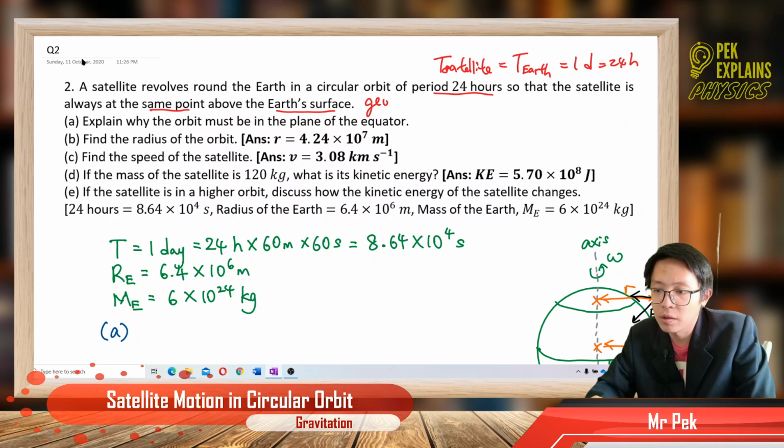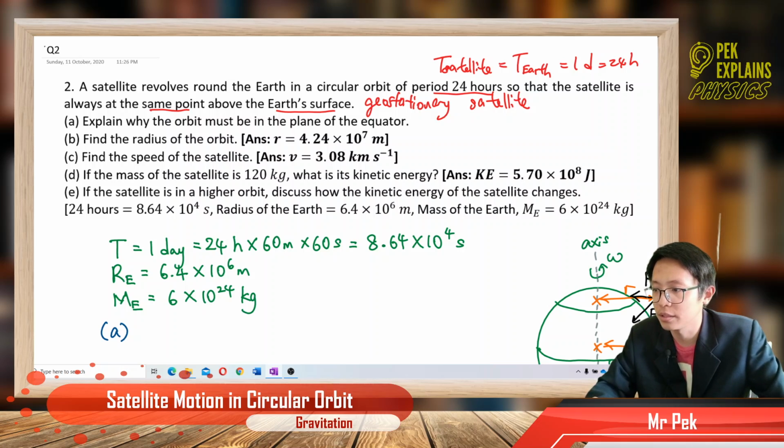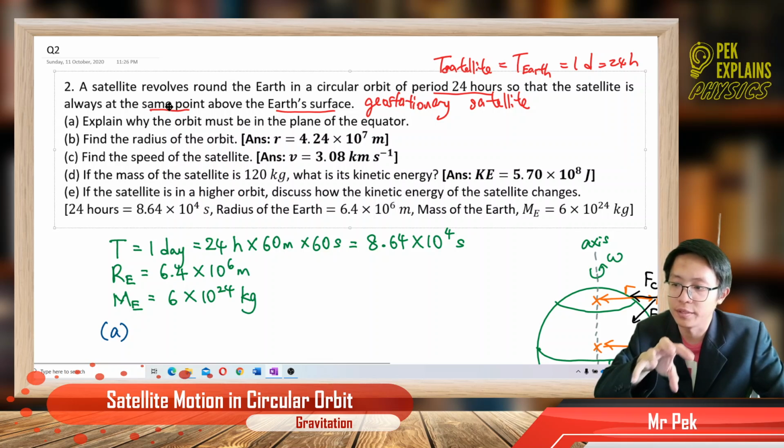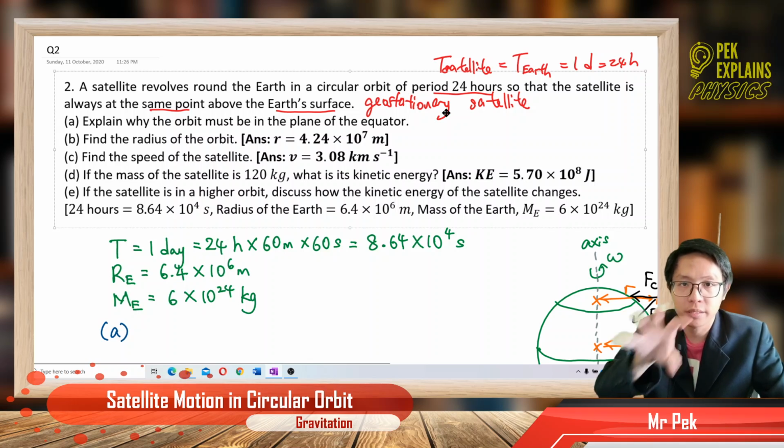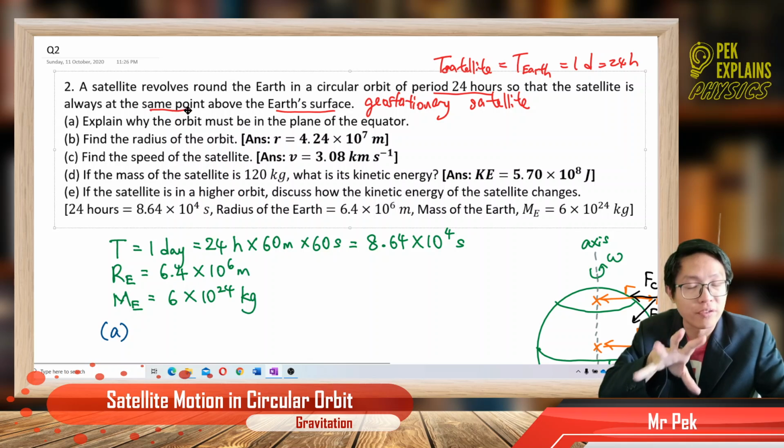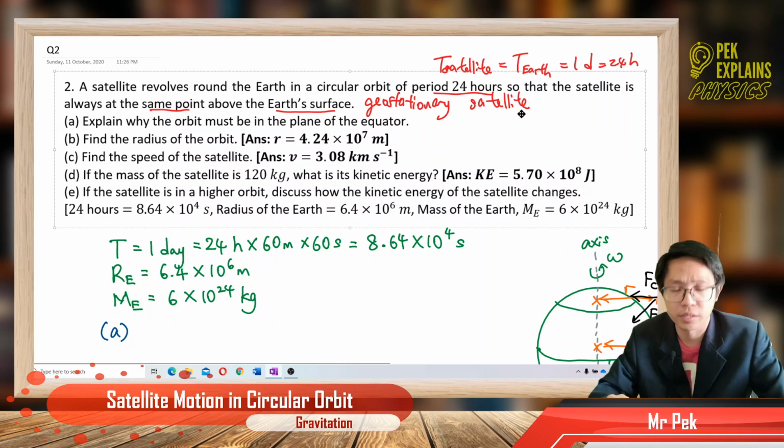So this is what we call a geostationary satellite. Geostationary satellite means it is always above the same point, at the same point above the Earth's surface, a specific location geographically.